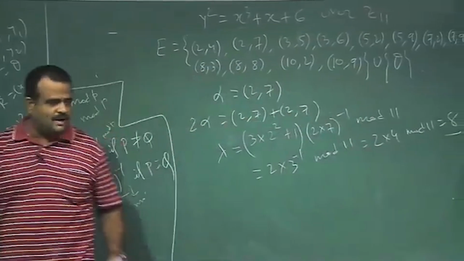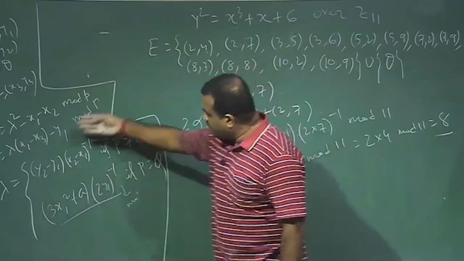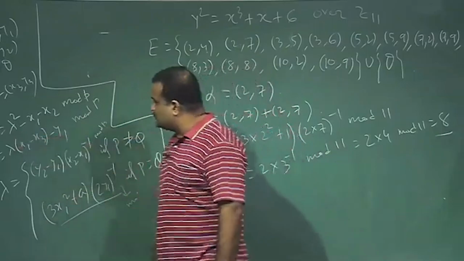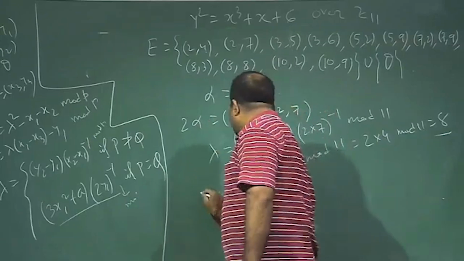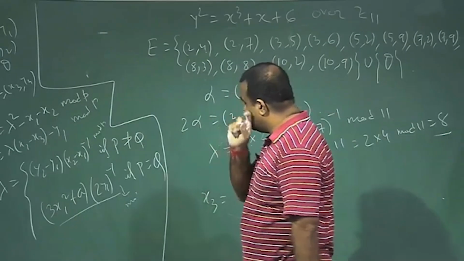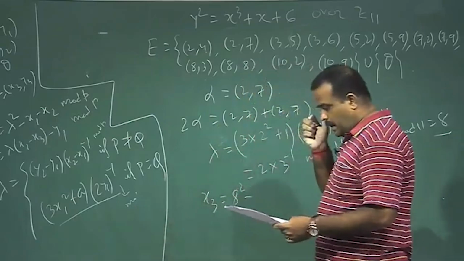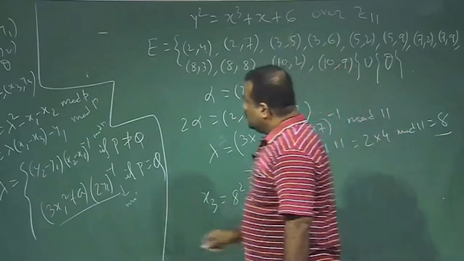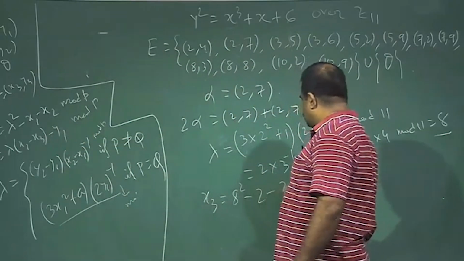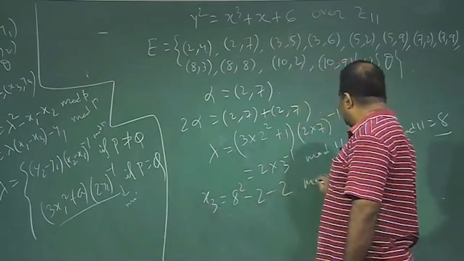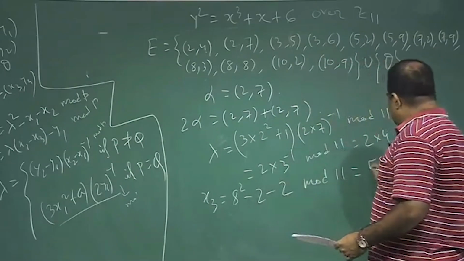Once we have lambda, we can use this formula to get x3 and y3. So x3 will be lambda square, 8 square, minus x1 minus x2, which is 2 minus 2, mod 11. So it is giving us 5.